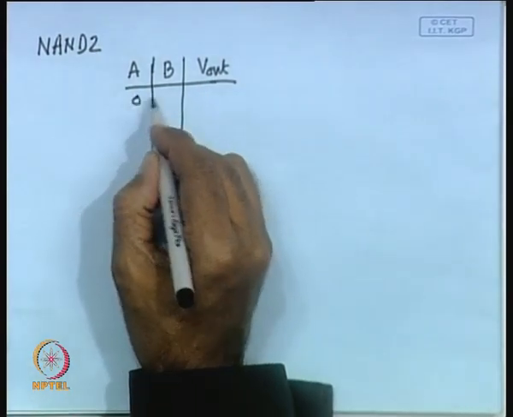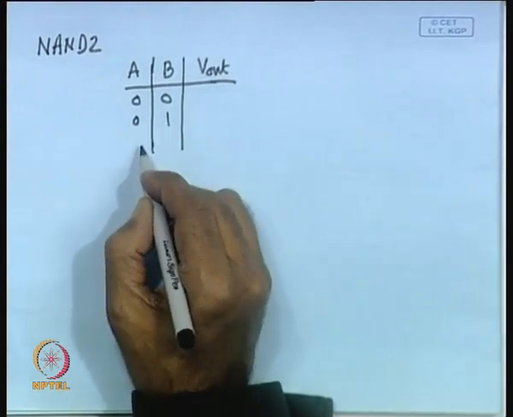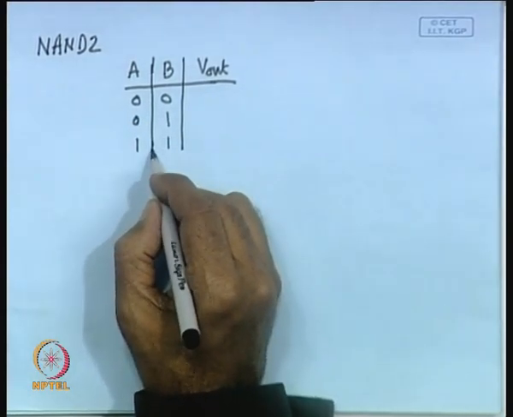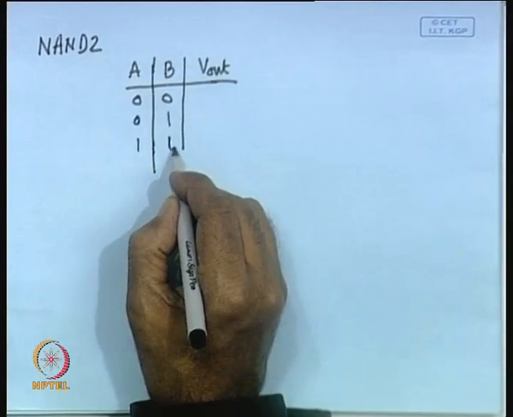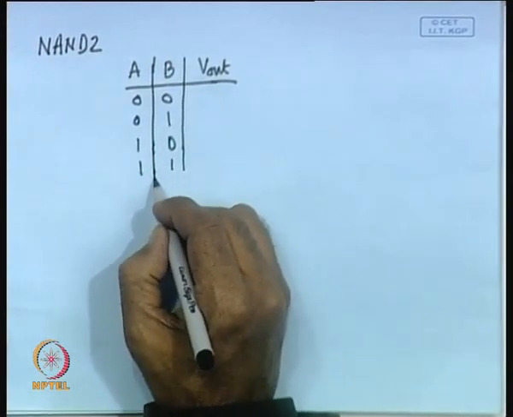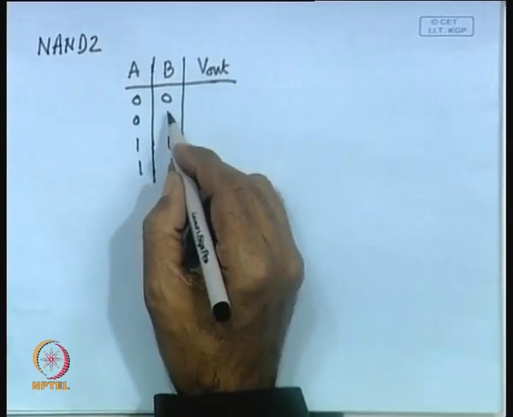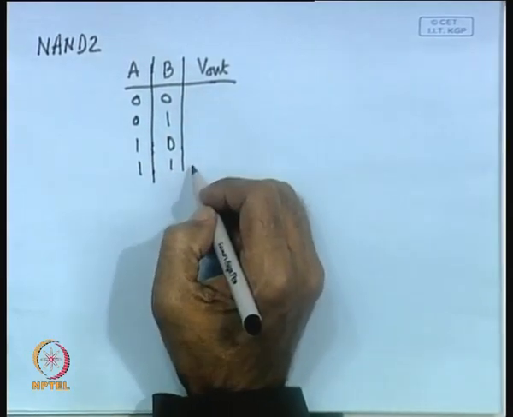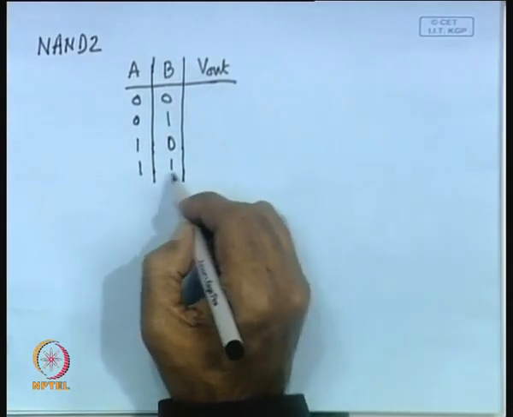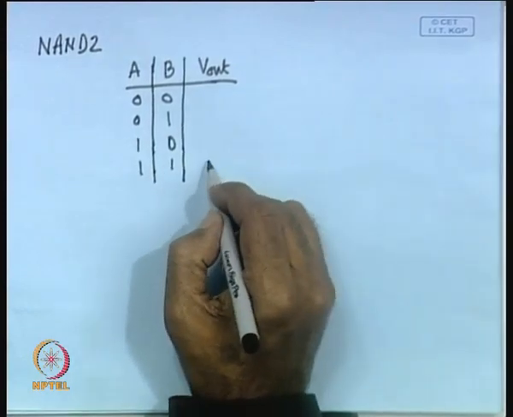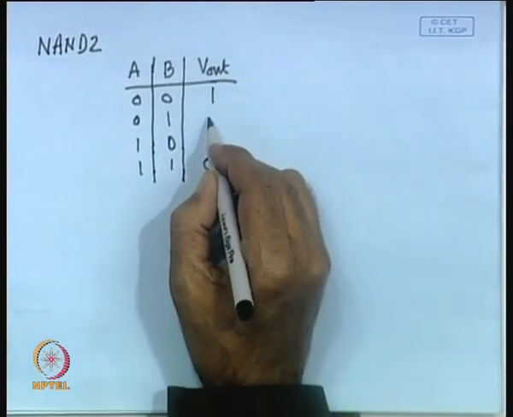As you know, for 2 inputs there are 4 possible combinations that you can apply to the gate: 0 0, 0 1, 1 0, 1 1. The output for the NAND gate is 0 only when both of them are 1, and for all other cases it is 1.